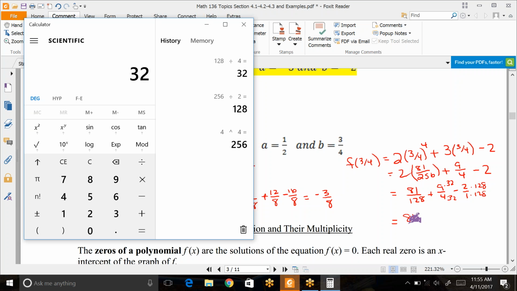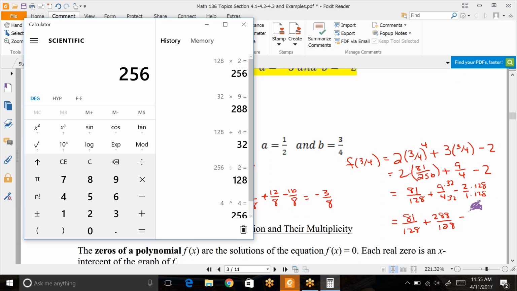So this would be 81 over 128 plus 32 times 9 is 288 over 128. And 128 times 2 is 256 over 128.